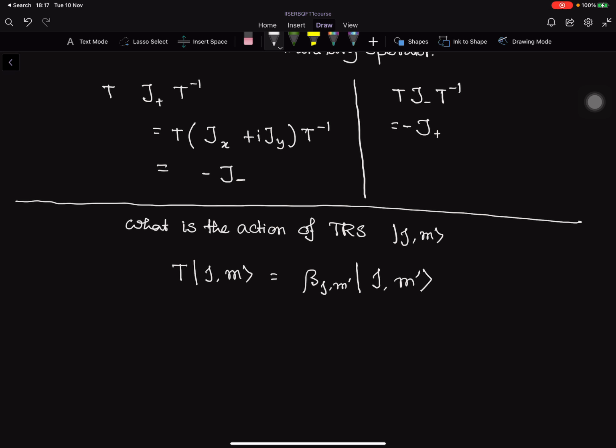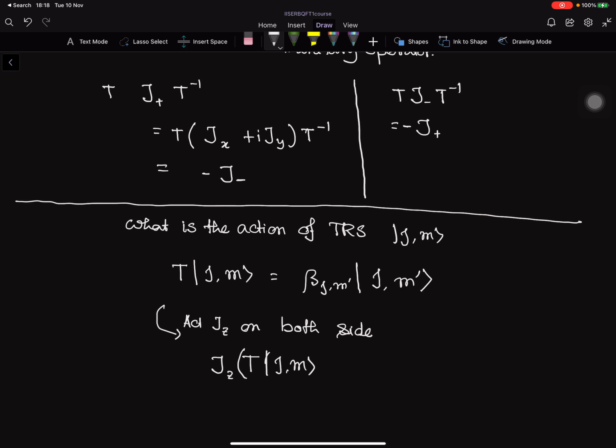Then let's first act with Jz on T|j m> equals T|j m prime>.